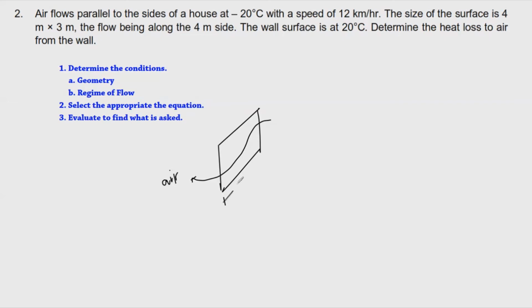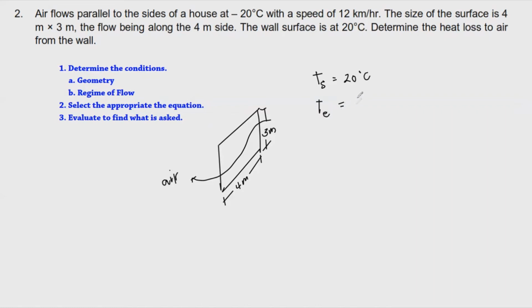At the side where it is 4 meters, that's where the air flows parallel. So we have here 3 meters. In this case, we'll be considering the flow that is parallel to the wall, and the length will be 4 meters. The temperature of the wall is our Ts, equal to 20 degrees Celsius, and we have a very cold air.